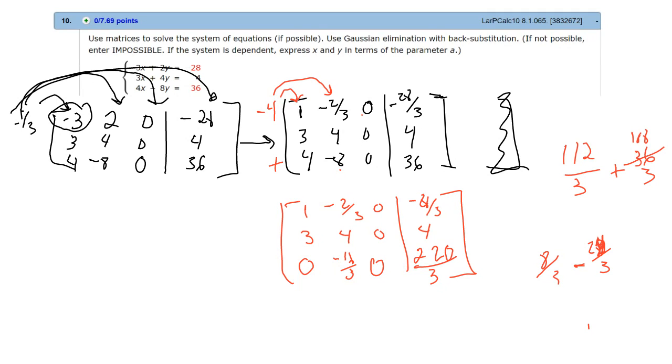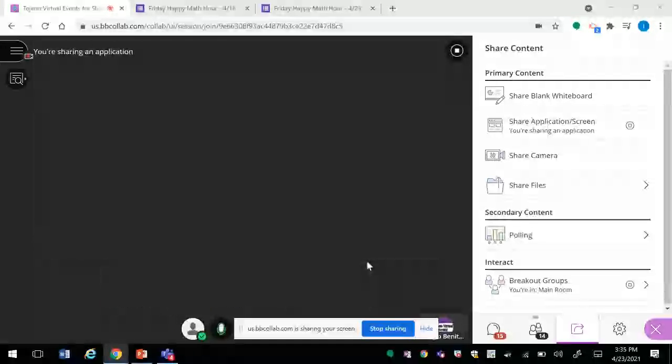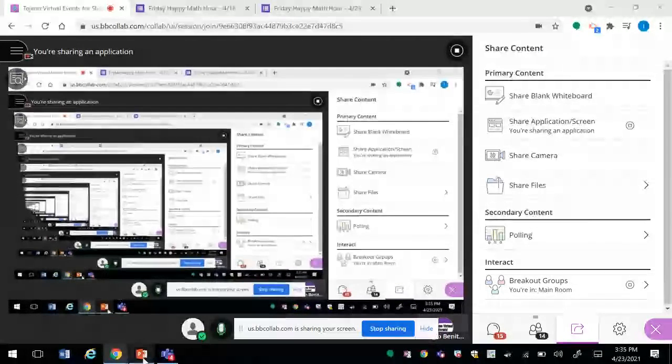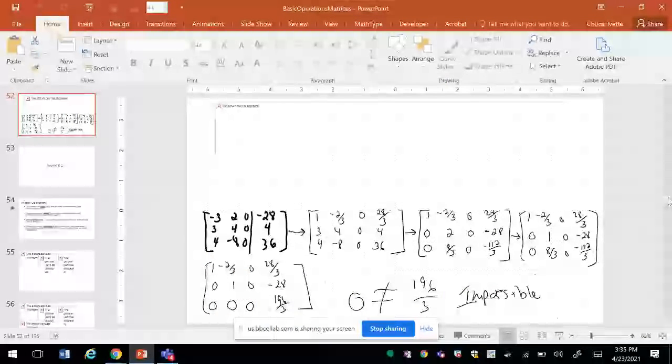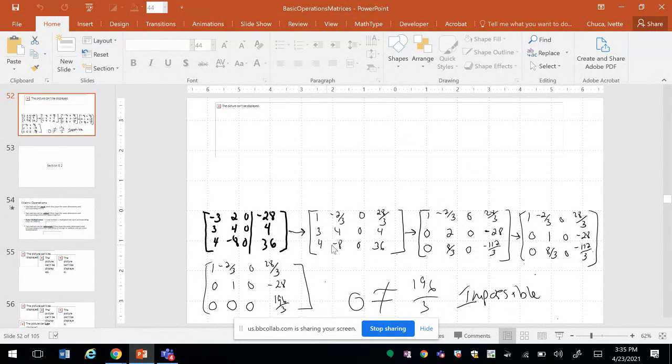So let me just share my screen really quick, and then if we have time, I'll come back and work this out again. When I convert from PowerPoint to PDF, it doesn't show me the steps. So here, this is where we were at right now.